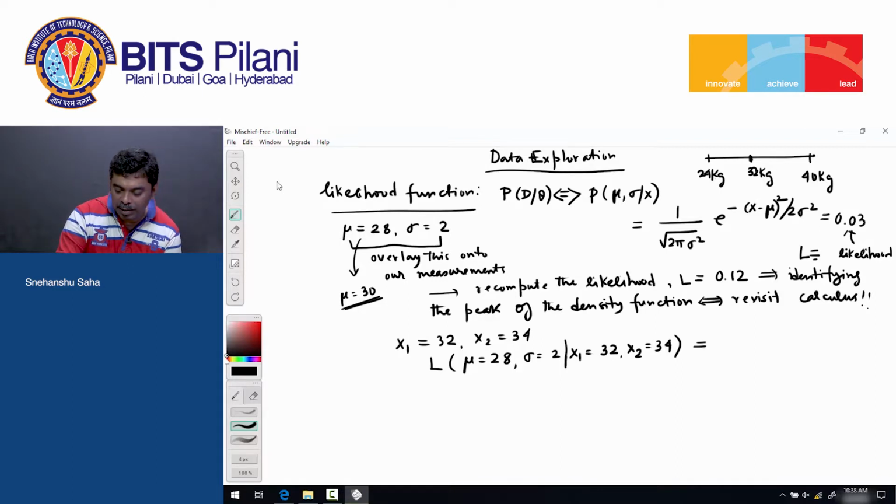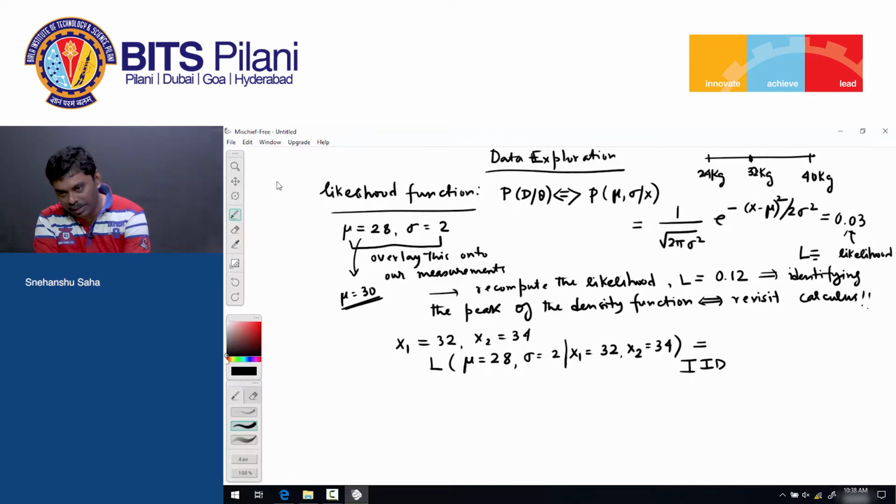I am going to make an assumption, and this assumption is IID: independent and identically distributed. What I'm assuming is that every observation I make is identically distributed, so if one is Gaussian, the other one is also Gaussian, and so on.